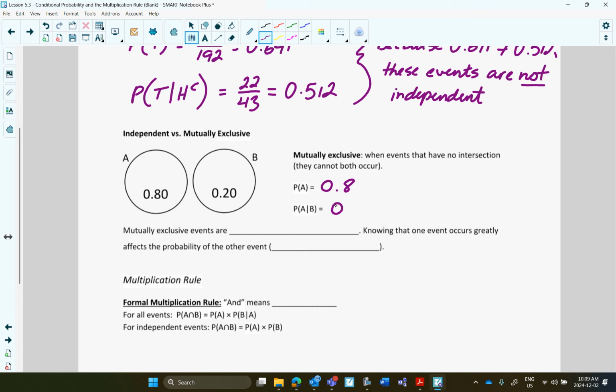So we can see these two events are not independent, but they are mutually exclusive. Okay. So mutually exclusive events are always not independent. Knowing that one event occurs greatly affects the probability of the other event, it actually reduces it to 0.